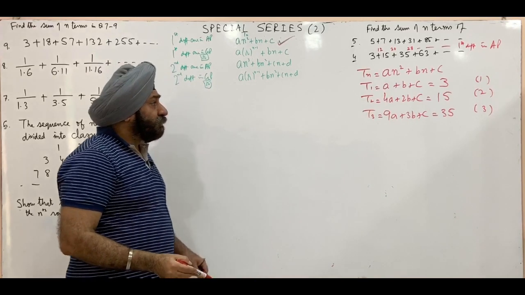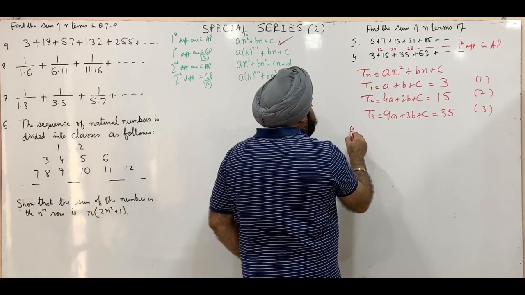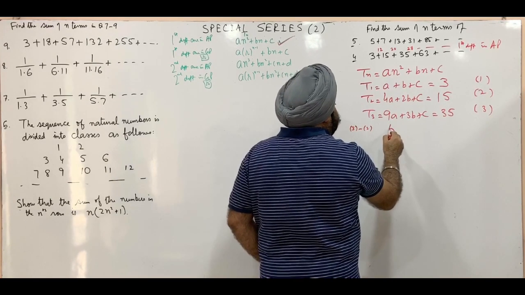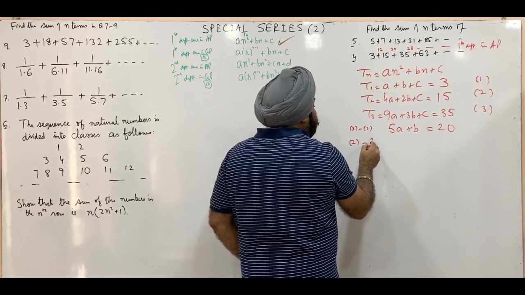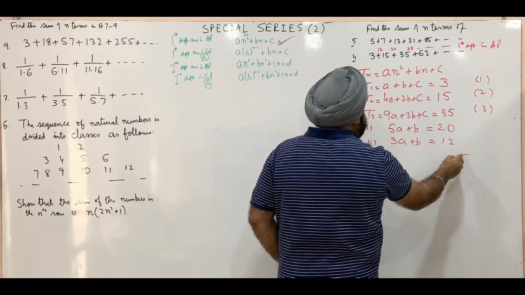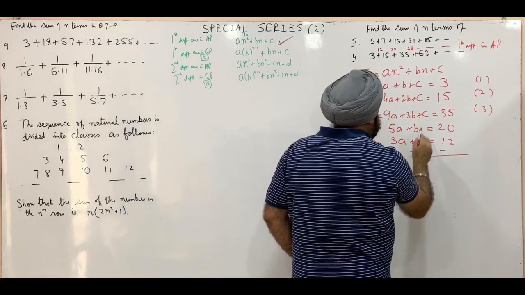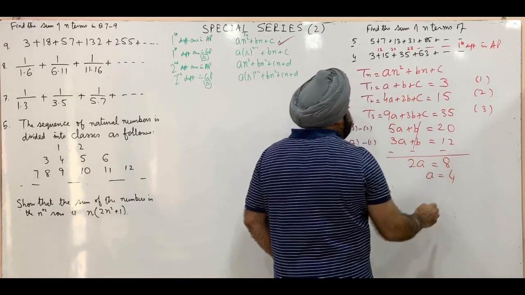To solve for a, b and c, we subtract third minus second. This gives us 5a plus b equals to 20. Second minus first, that's 3a plus b is 12. Then we subtract these. This will cancel out. 2a or a is equal to 4.